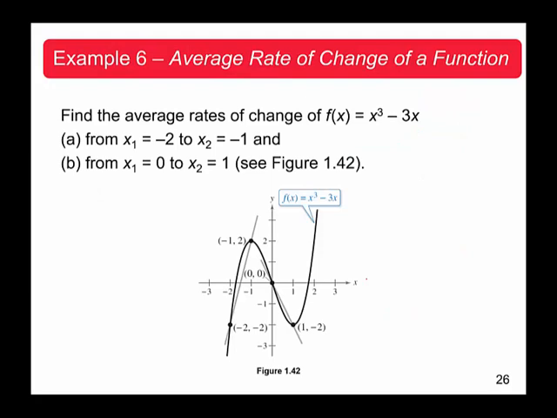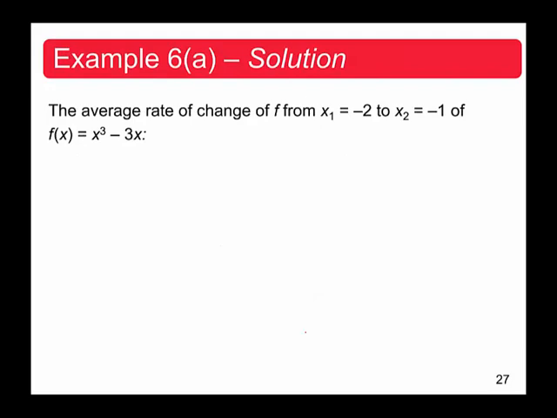And then let's find the average rate of change of f of x equal to x cubed minus 3x for a couple of different scenarios. So we want to find out the slope for this line right here and also for this line. So for the first line, in order to find slope, we know x1, x2.